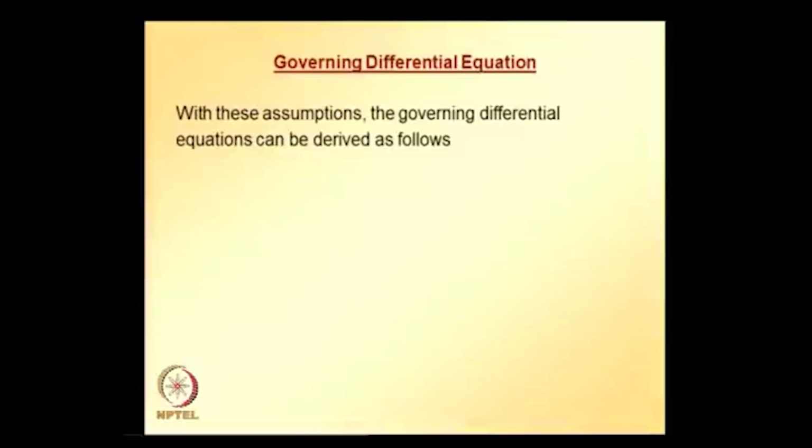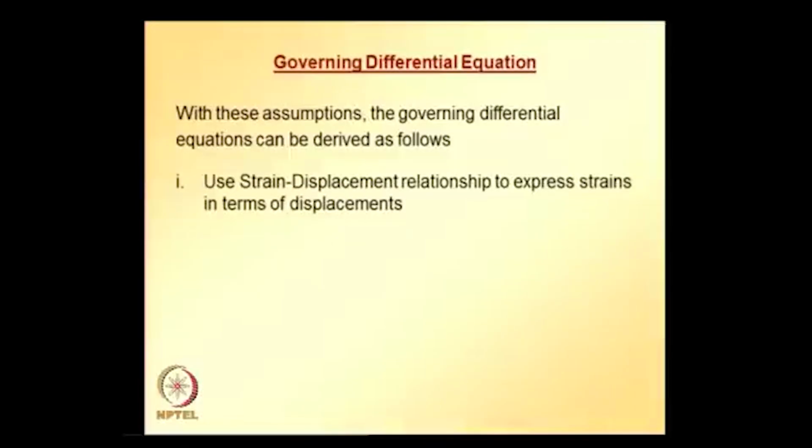With these assumptions, the governing differential equations can be derived as follows. Using the strain displacement relation, we can get the strains in terms of displacements, and these are the relations.